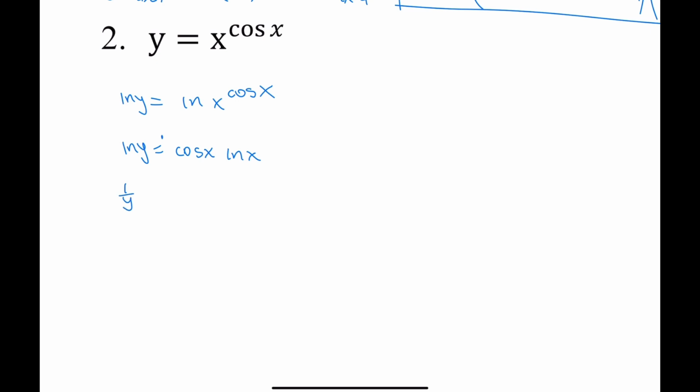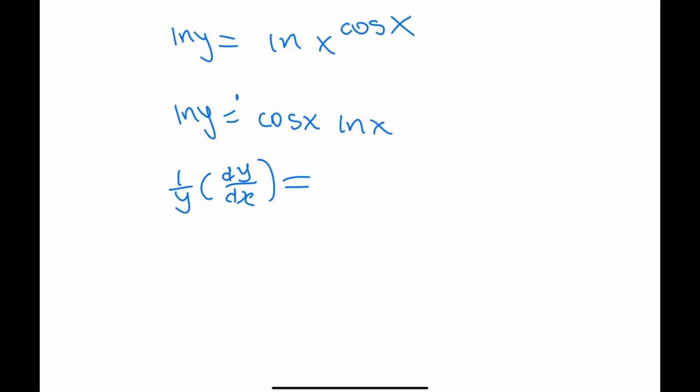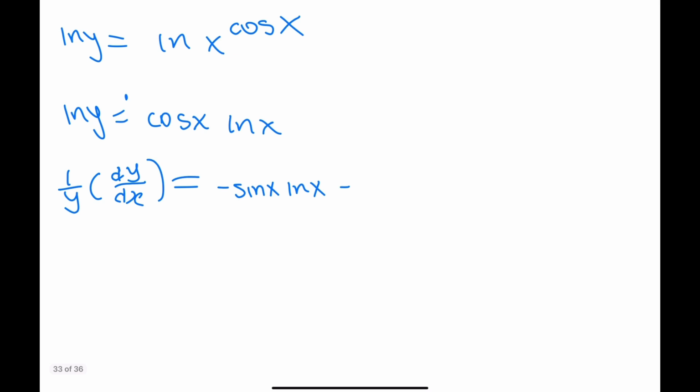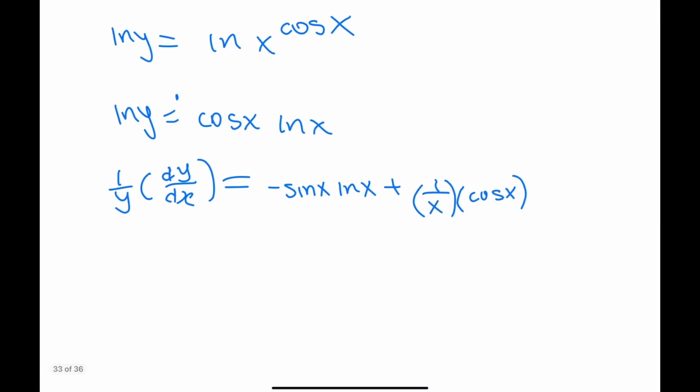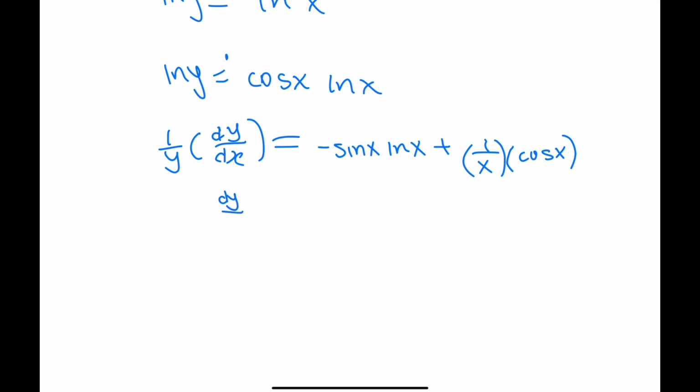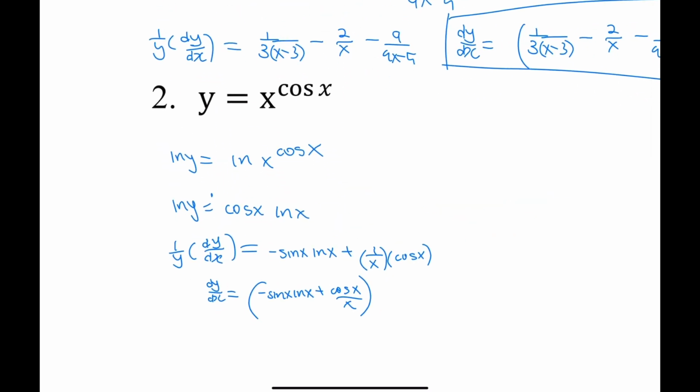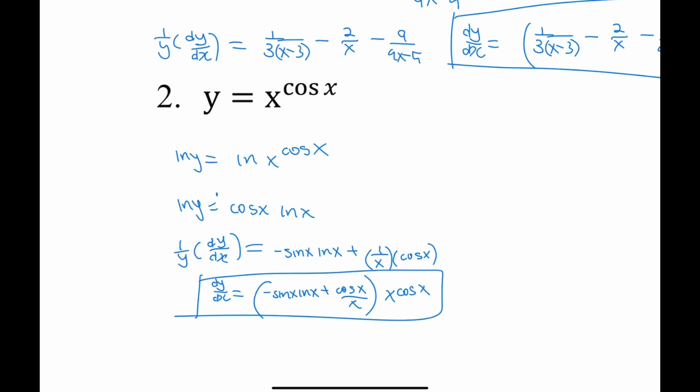The derivative of ln y is 1 over y dy/dx equals, use product rule for this one, so negative sine x times ln x plus 1 over x times cosine x. Okay, so dy over dx would equal negative sine x ln x plus cosine x over x, all multiplied by x to the power of cosine x. So this will be our answer.